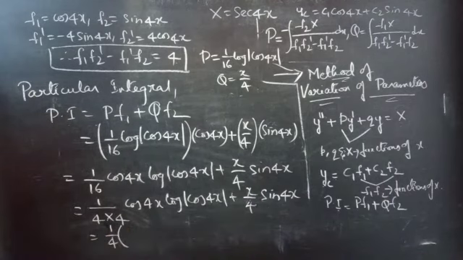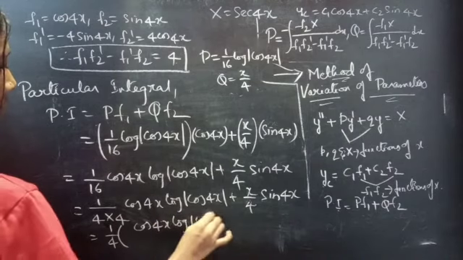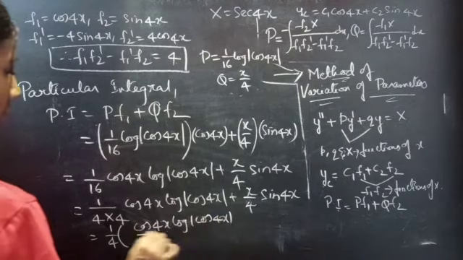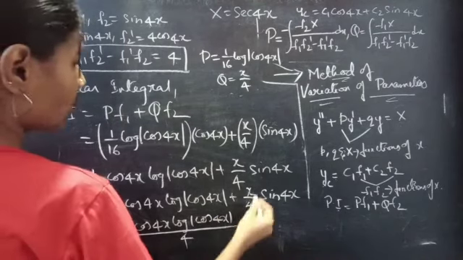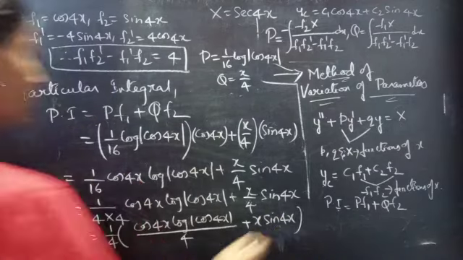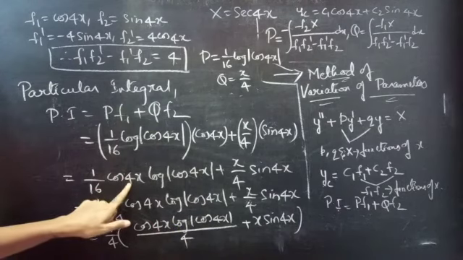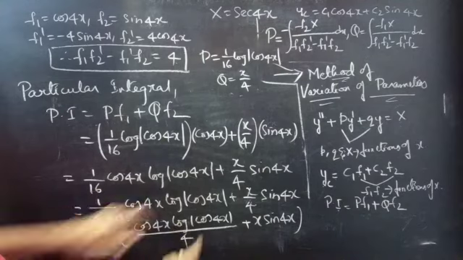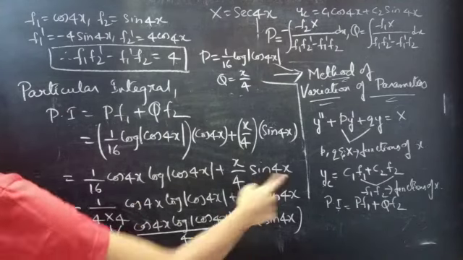You'll get 1 by 4 times cos 4x log mod cos 4x by 4 plus x sin 4x. See, 1 by 4 into cos 4x log mod cos 4x by 4 is 1 by 16 cos 4x log mod cos 4x, plus 1 by 4 into x sin 4x is x by 4 sin 4x, right?